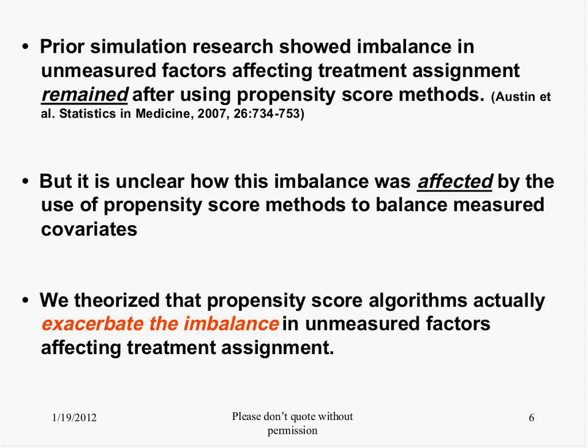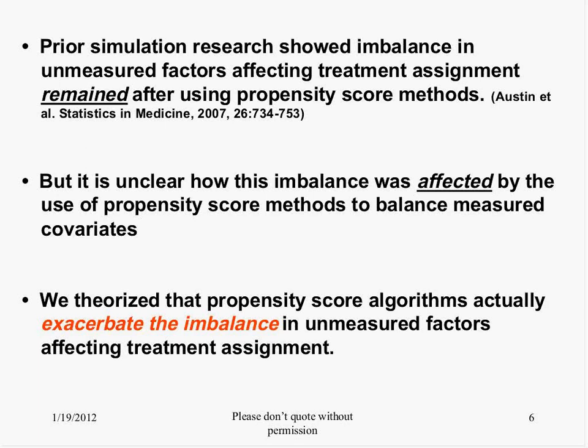They didn't tell us about the changes in the balance of the unmeasured covariates, they just suggested that imbalance remained, and that seemed uncontroversial because no one ever suggested that all imbalance would go away. It was unclear from the study how this imbalance was affected by the use of propensity score methods that are used to balance measured covariates.